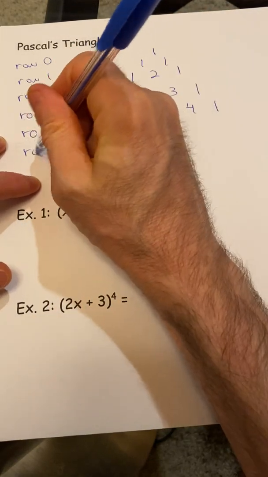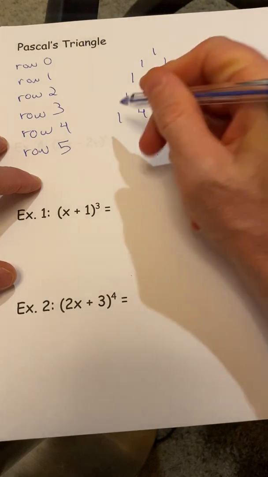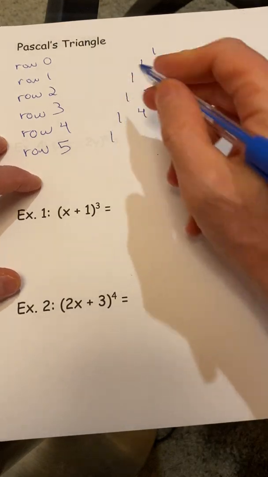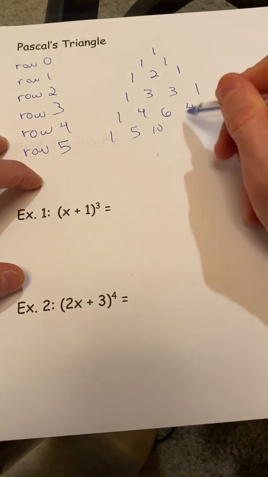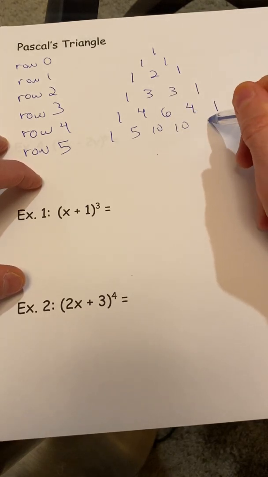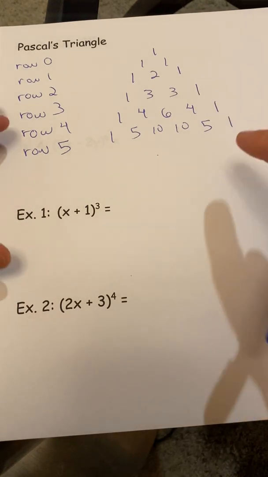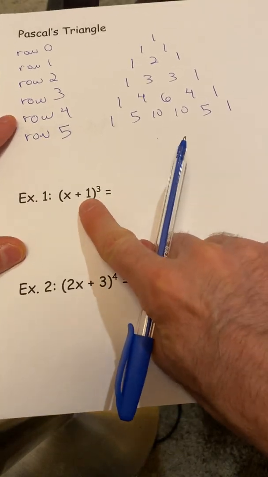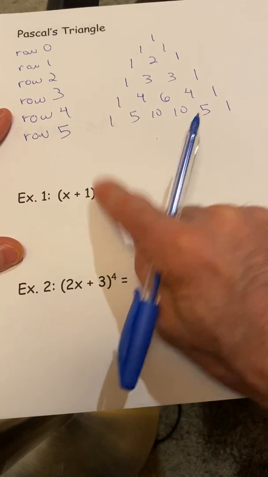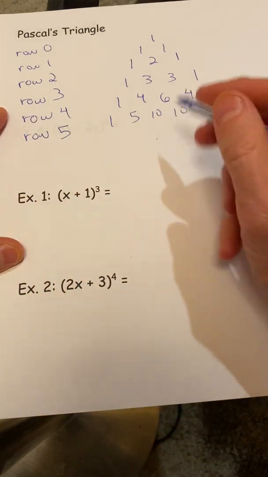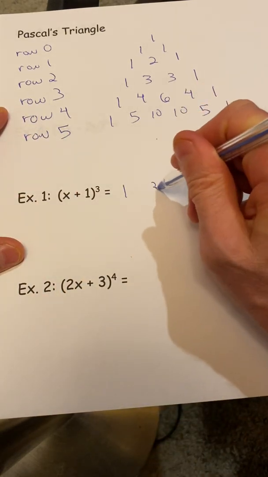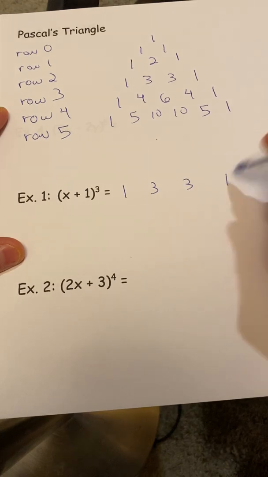And then that row 5 is, again, kind of try to position it diagonally. 1 and 4 is 5, 4 and 6 is 10, 6 and 4 is 10, 4 and 1 is 5, and 1. So if I want x plus 1 to the third, I am going to use row 3. So I'm going to have 1, 3, 3, 1.